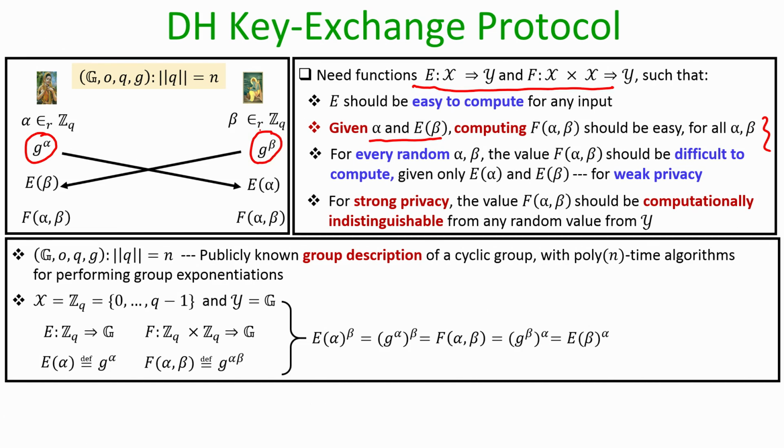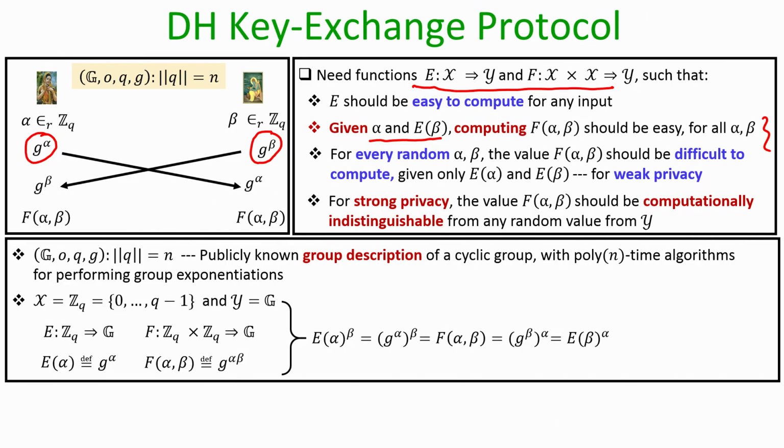We can imagine that g to the power alpha is the sender's contribution to the final key which is going to be established between the sender and the receiver, and in the same way g to the power beta is the receiver's contribution towards the final key.